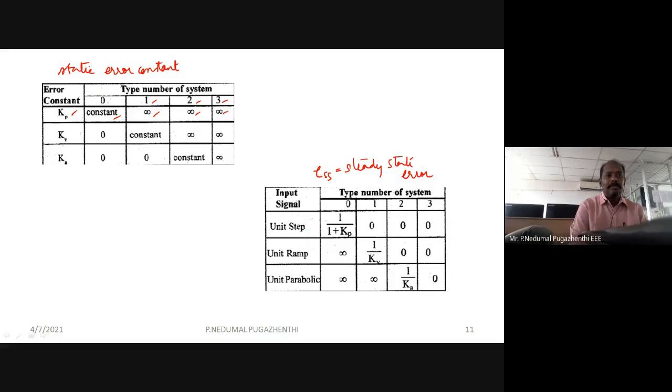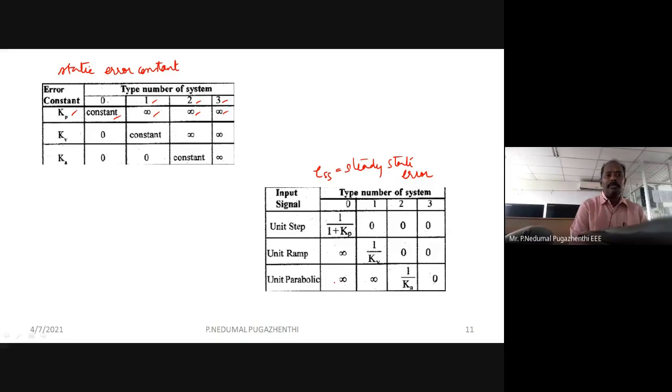For unit step input, for type 0, I will get a constant steady state error, and for higher type systems, I will get 0 steady state error. For unit ramp input, for a type 0 system, I will have infinite error. I will have a constant error at type 1, and after that, type 2 and 3 and higher, I will get a zero steady state error.